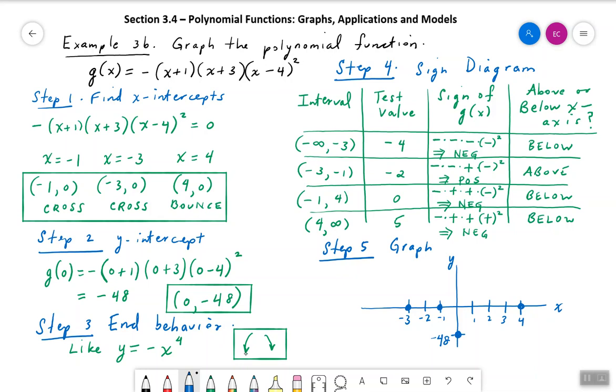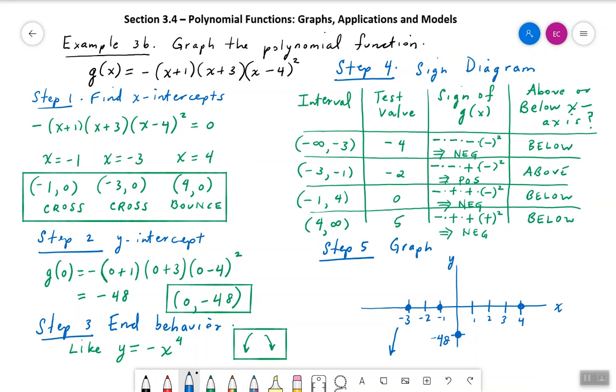So the end behavior, at the left end of the graph points down. At the left end of the graph, y values are going down to -infinity. So I've got this arrow pointed down to start. And then from there, I'm just going to connect this arrow through the points that are already plotted, the x-intercepts and the y-intercept.